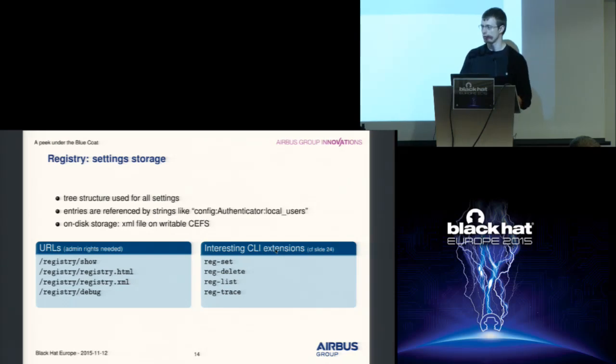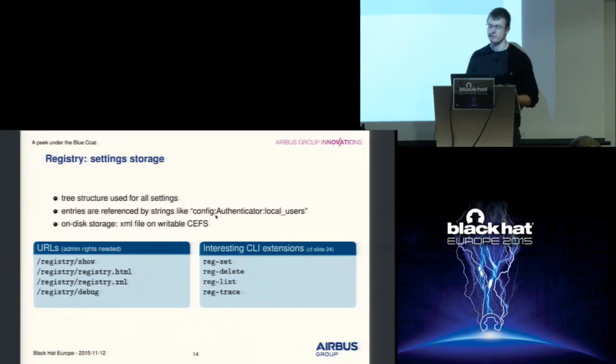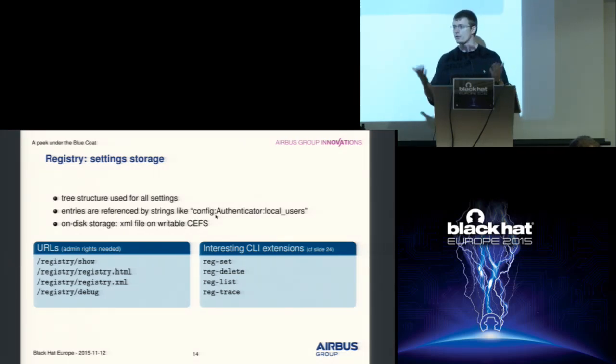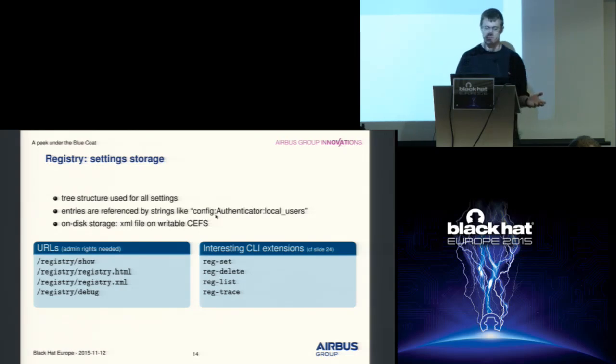If you look into the code, the entries are referenced by strings separated by colons. So config:authenticator:local users will get you all the local users of the ProxySG from the registry. From the usual web interface, you can get access to almost the complete registry as long as you have admin access to the Blue Coat.